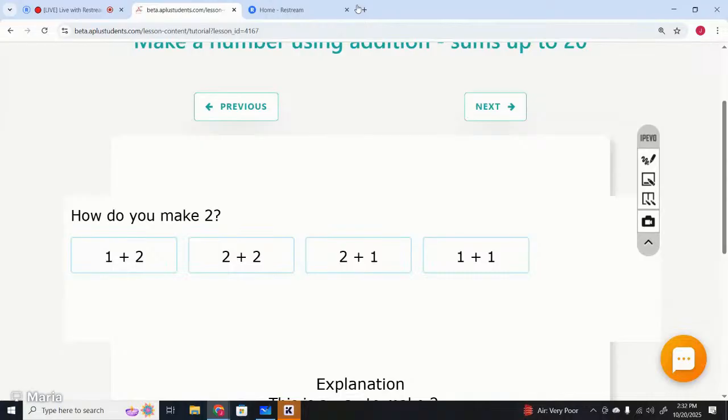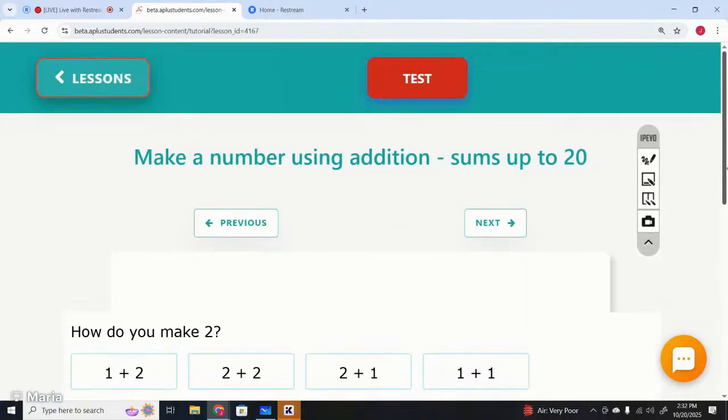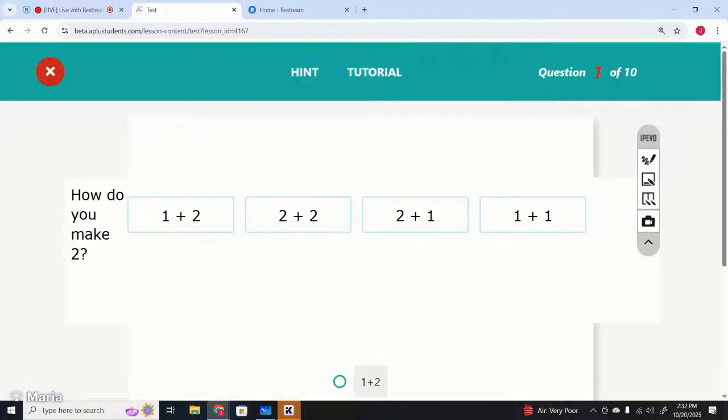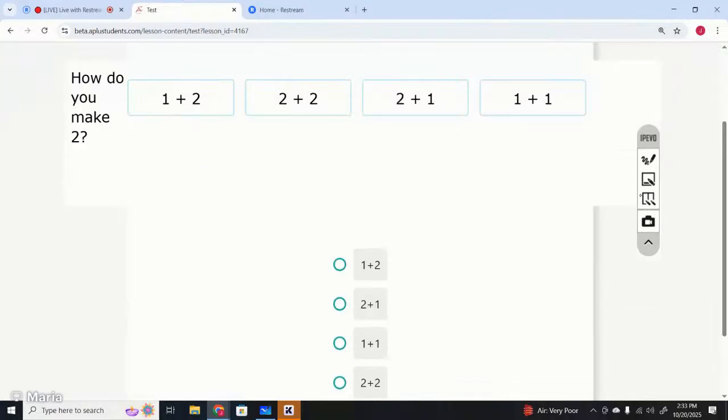That is 1 plus 1. Let's just start with the test questions. How do you make 2? That is 1 plus 1 makes 2. Option number 3 is the correct option.